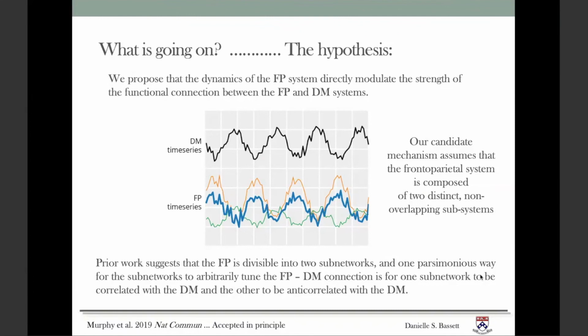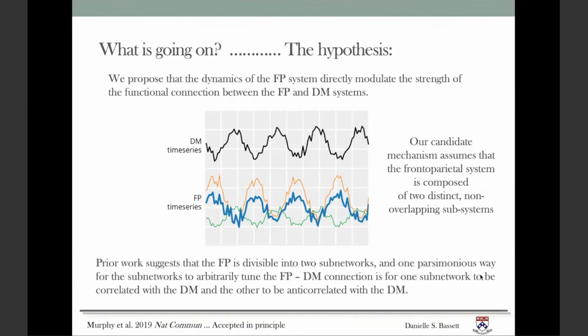So here is just a schematic to illustrate what I'm going to try to explain, which is that here's the time series in the default mode system, and you can see it oscillating here. And then here is the frontal parietal system in blue. And then what I'm showing you in orange and green is the notion that there could be two separate parts of the frontal parietal system that are differentially connected to the default mode.